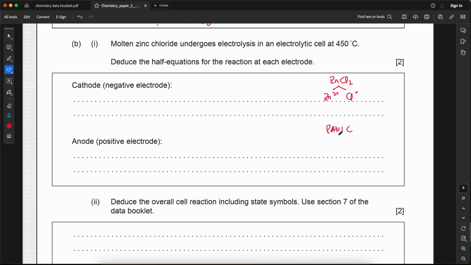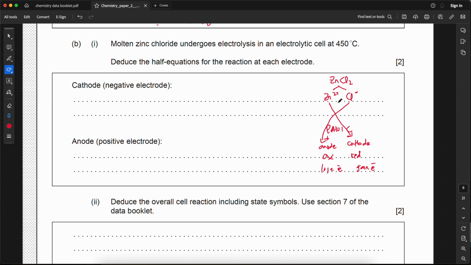So positive will be the anode, negative will be the cathode, and the cathode is always reduction, the anode always oxidation, lose electron, gain electron. So Cl minus will go to the anode because it is attracted to the positive electrode, and Zn2+ will be attracted to the negative electrode.